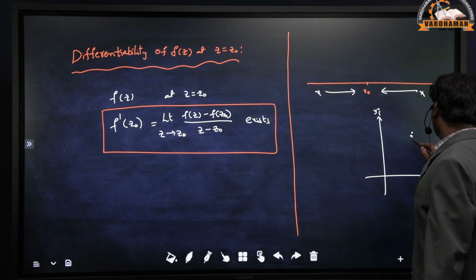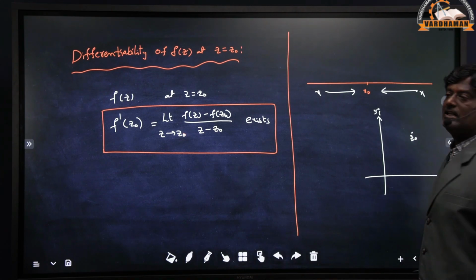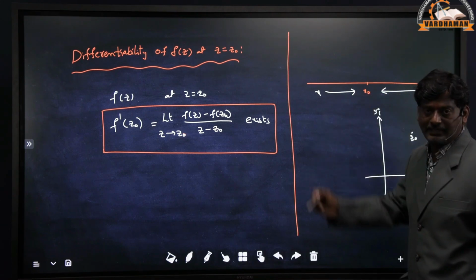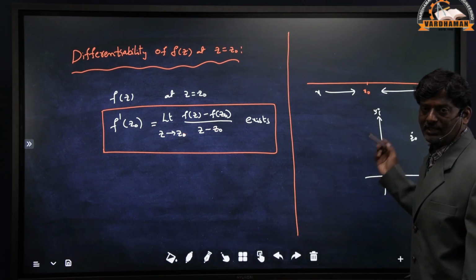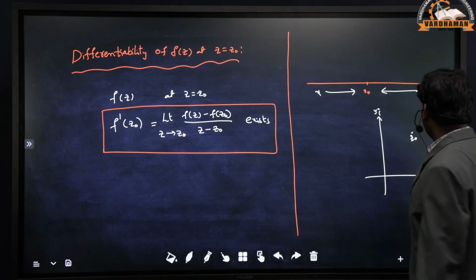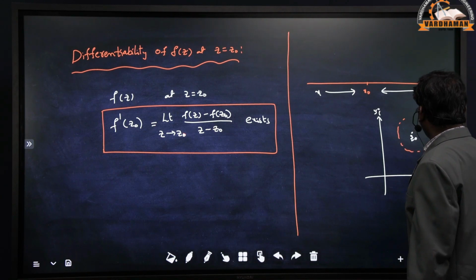How does z approach it? In infinite number of ways. In the real theory, only either from the left side or from the right side, x approaches x naught. Only two ways are possible in the real theory. In the complex case there are infinite number of ways.